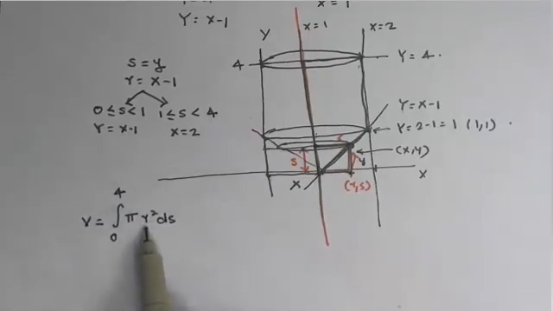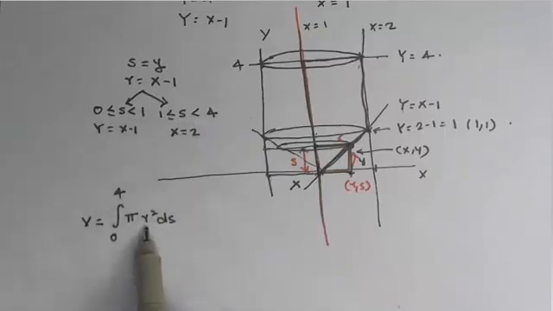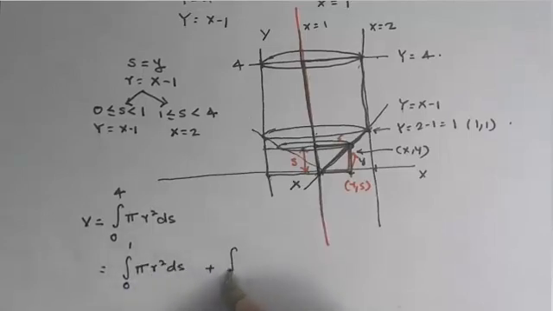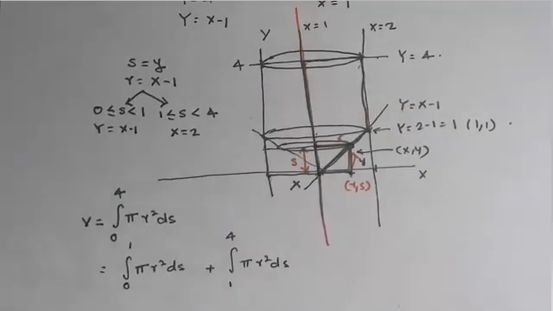Alright, so now we need r in terms of s, and because we have two different equations for two ranges of s, the equation for r in terms of s is going to be different in both the ranges. So I want to split this integral into 0 to 1 plus 1 to 4. So this is just the range from here to here and then here to here.